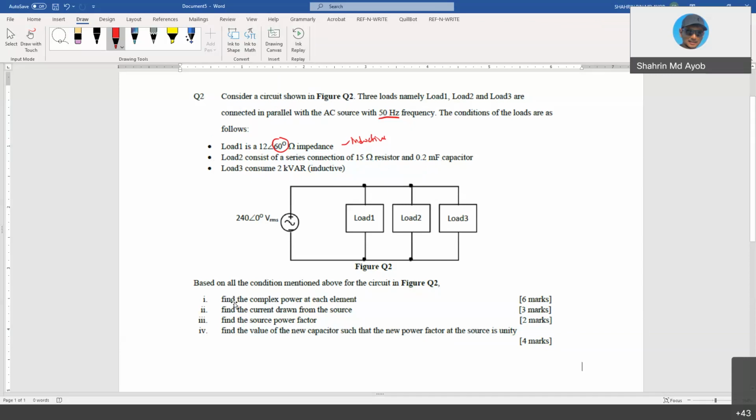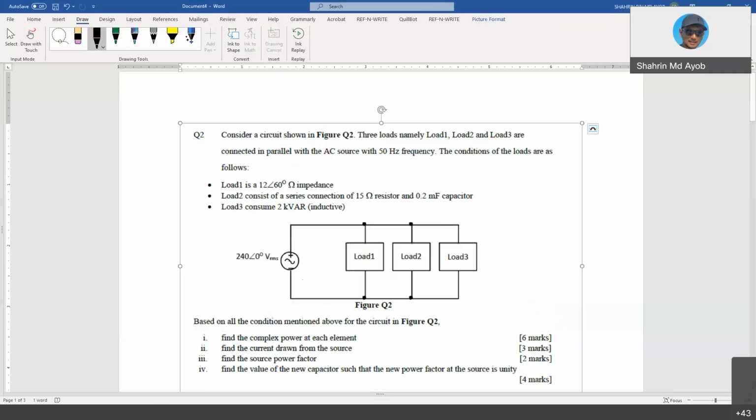So the question is, based on all the conditions mentioned above for the circuit in figure Q2, find the complex power at each element. Okay, so I have already done these questions.